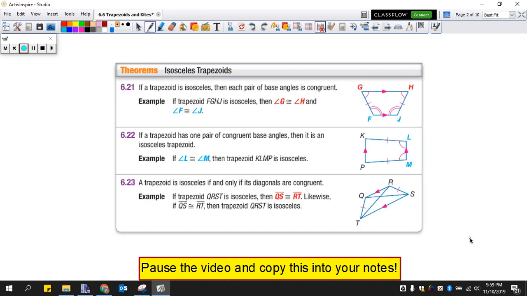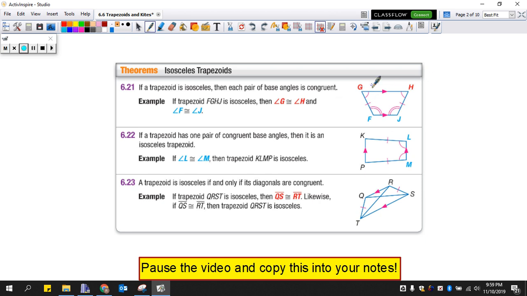The first couple of theorems we're talking about are about isosceles trapezoids. Make sure that you copy these into your notes. The first one says if a trapezoid is isosceles, then each pair of base angles is congruent. Remember, the base angles are the angles formed by each of the bases and the side.